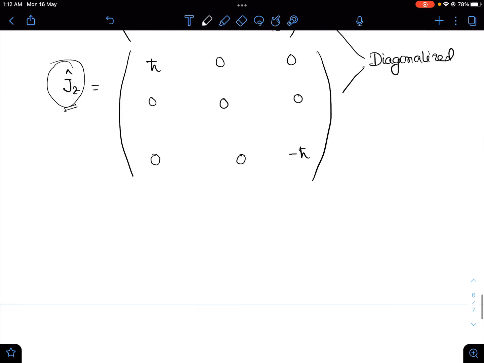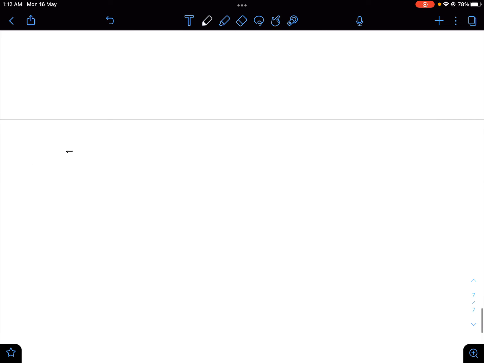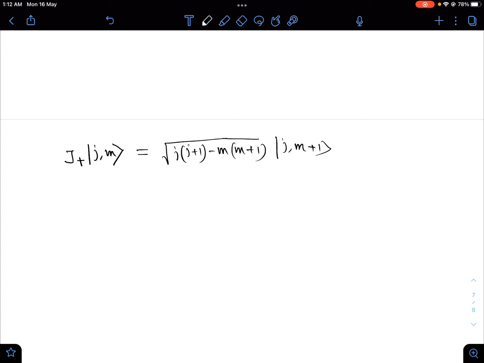So let us proceed with the case of J plus. What is J plus acting on |j m>? It will give us ħ root under j(j+1) minus m(m+1), times |j, m+1>. So that is J plus.